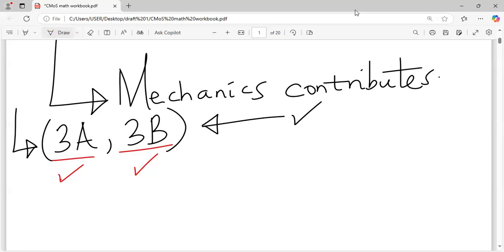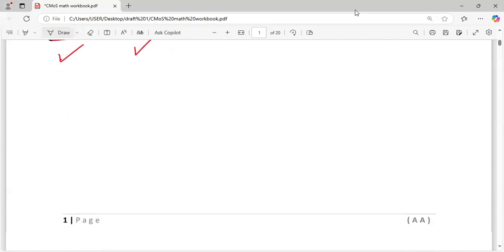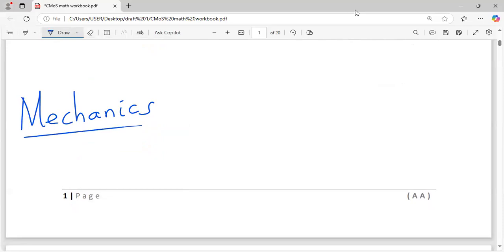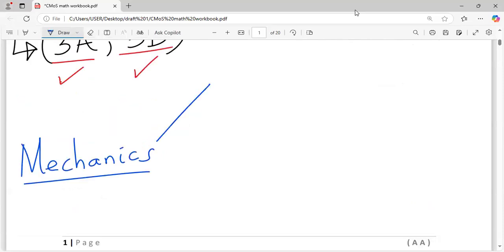So now the question should be, where are those 3 questions coming from? You understand? So I want to let you know today that mechanics actually also has divisions. Mechanics, as a branch of applied math, is divided into what we call kinematics.